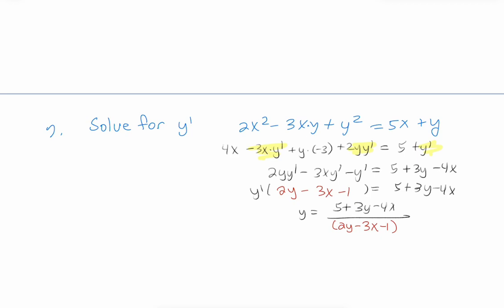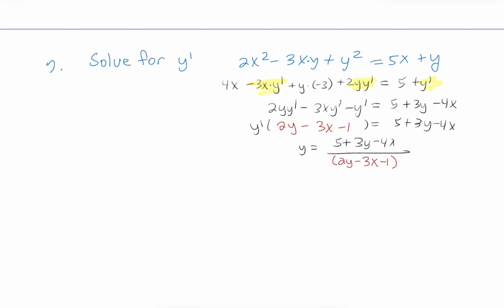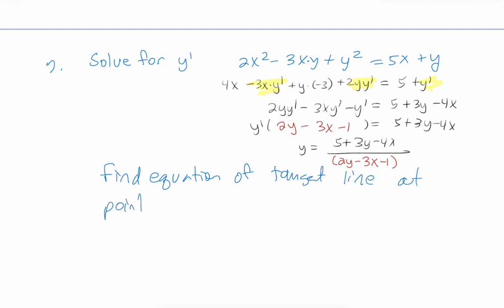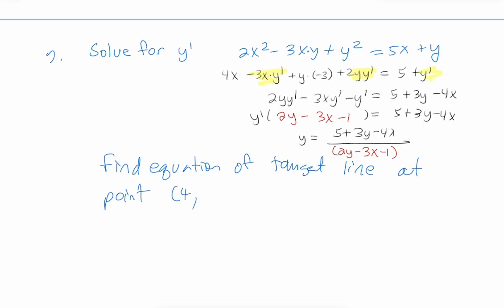If I tacked on, which I will, a second piece to this question, if I said find the equation of the tangent line at the point 4, that's the point 4, 1.